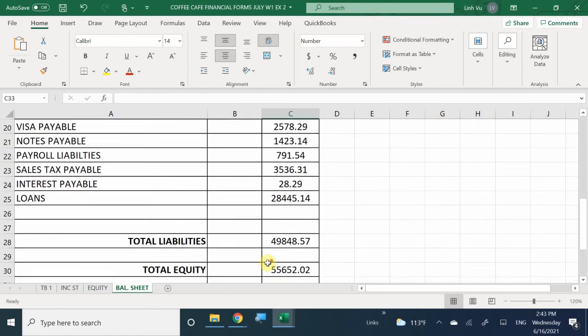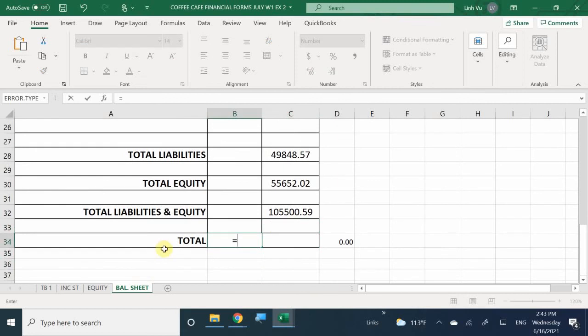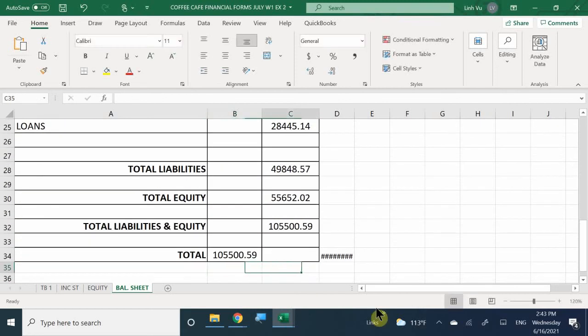All right, and what do we have here? Do your total assets equal your liabilities plus your equity? Yes.